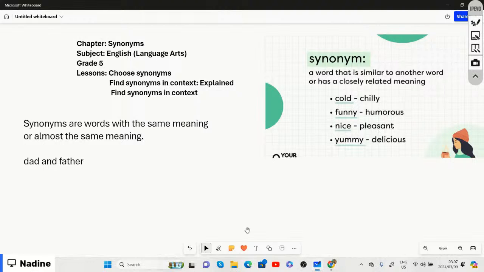An example of a synonym is, for example, either dad or father. So dad and father, it's basically the same, right? Because they basically take the same role. You can either say this is my father or this is my dad.